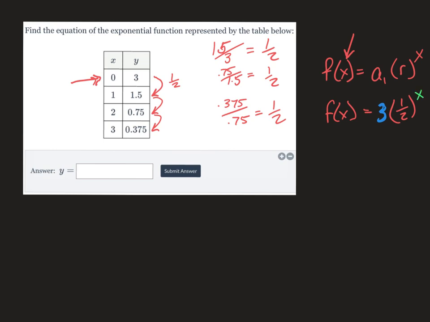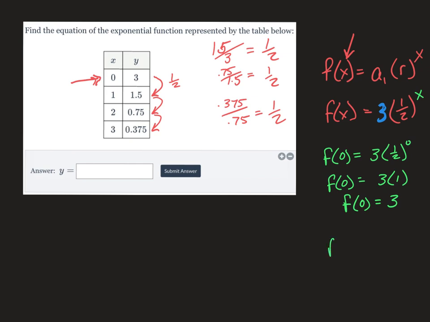Now, it's always wise to check these. You can go in and plug these in and see that they work. Like if I were to plug in f of 0, we would have 3 times 1/2 to the 0 power. Remember, a 0 power is not 0. A 0 power is 1. So this ends up being 3 times 1, which is 3. So it does work for our first one. And what you want to do is plug those in for the subsequent answers as well.